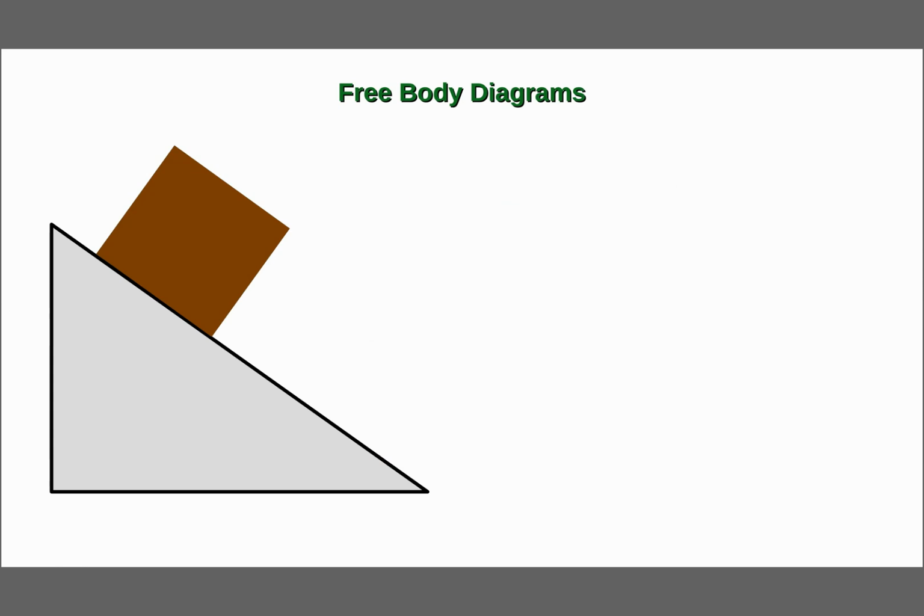Let's consider this block sitting on a ramp that we have over here. Now, we can draw what's called a free body diagram of this block, where we draw all of the forces acting on the object, so that we can consider the sum of the forces that are acting on the object. Okay? Now, technically, a free body diagram should be drawn with the object that you're concerned with free of its environment.